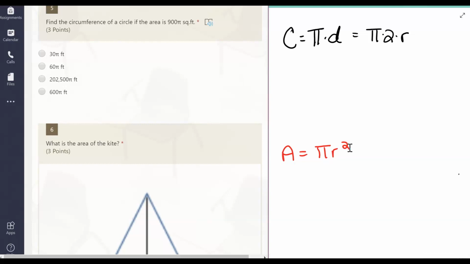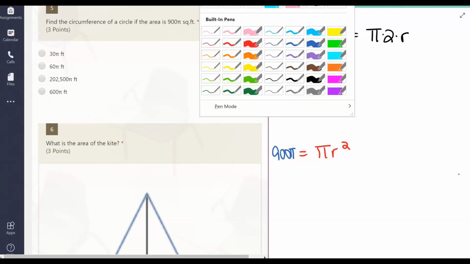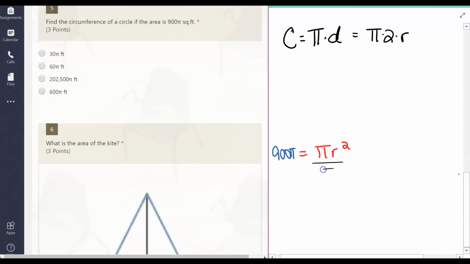Since they're telling me the area is 900 pi, that means I can take 900 pi and substitute it in for A, because now that I do that, I can solve for the radius. If I divide by pi, I wind up just getting 900 equals the radius squared.